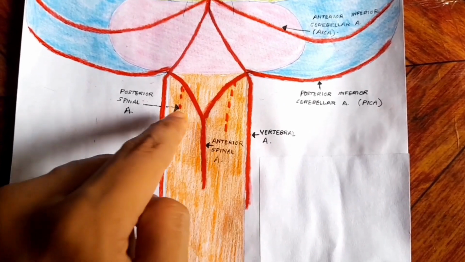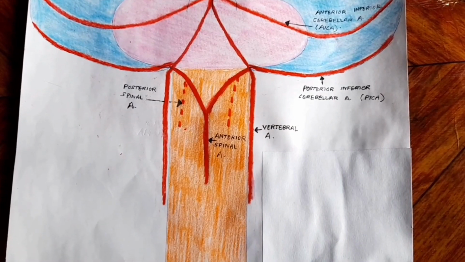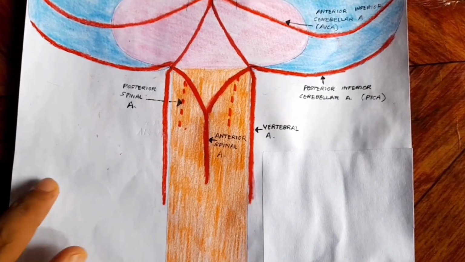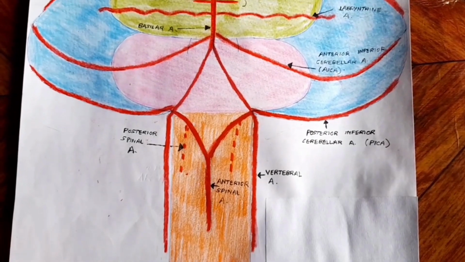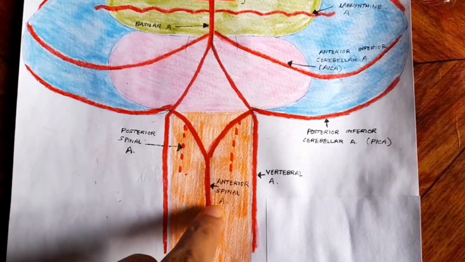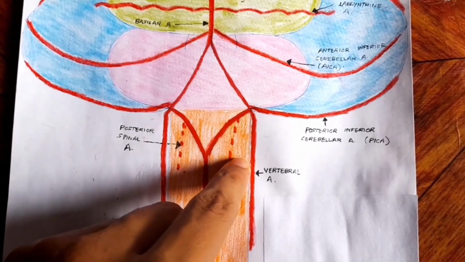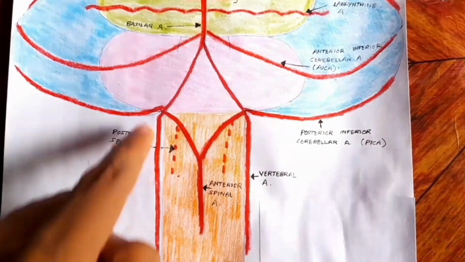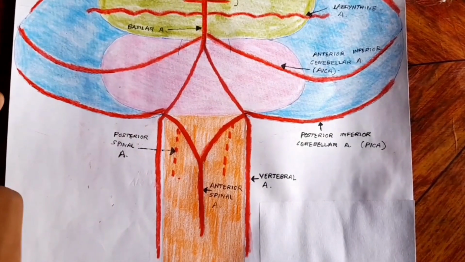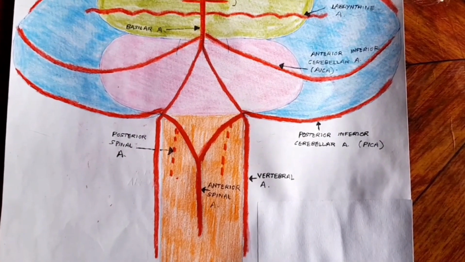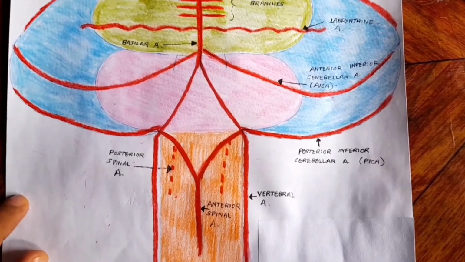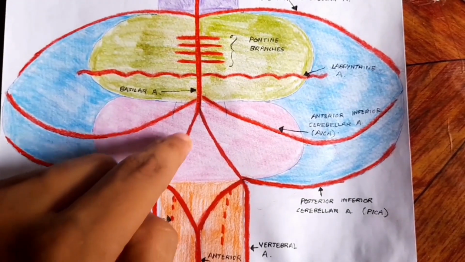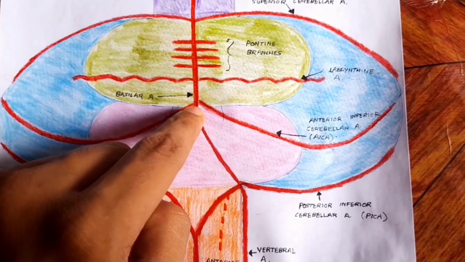So we have two posterior spinal arteries. Now let's see what branches the vertebral artery has given us. In the vertebral artery, we have the anterior spinal artery, the posterior spinal artery, and the posterior inferior cerebral artery, which is supplying the cerebellum.